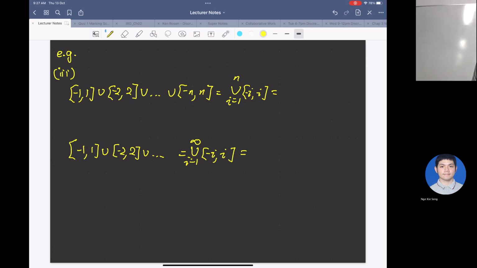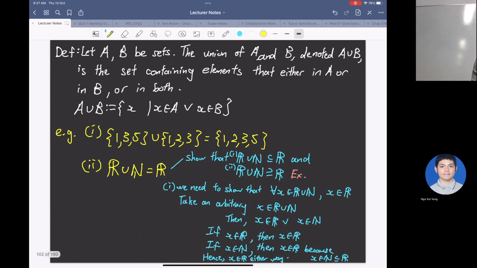Oh wait, before that, let me introduce this notation first. You can generalize this definition to finite union and infinite union.